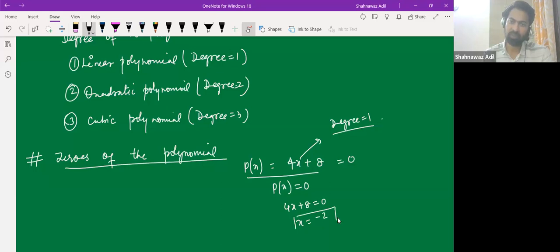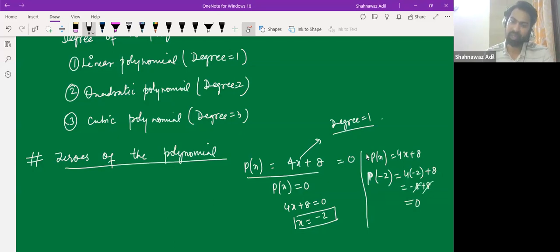So x is minus 8 by 4, so minus 2. So if I put x equal to minus 2 in this p(x), and try to find the value of p(x) at minus 2, this would always give me 0.